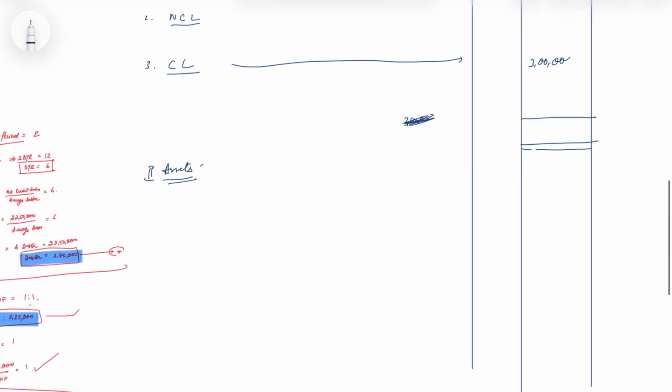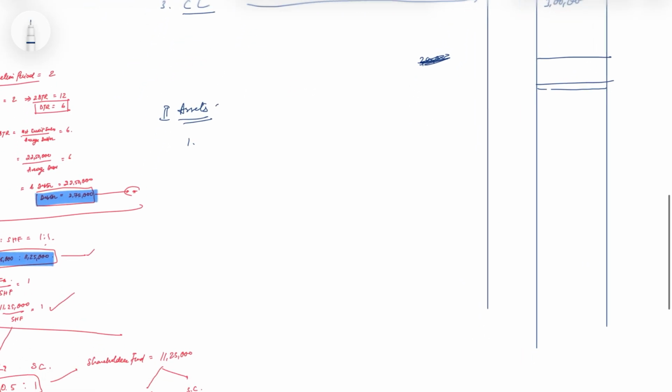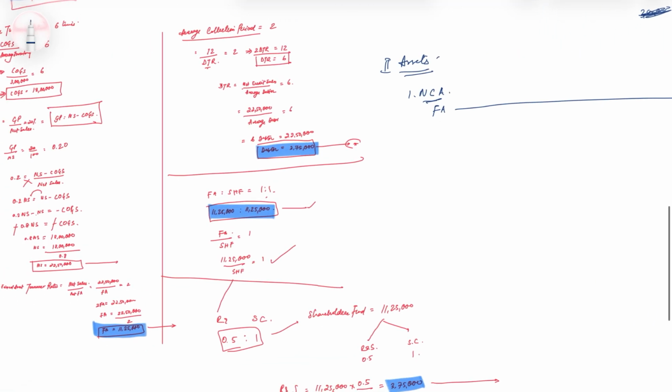Now assets. Non-current assets are basically fixed assets, which is 11 lakh 25,000.